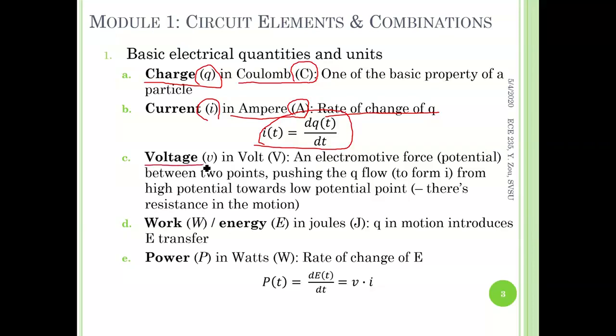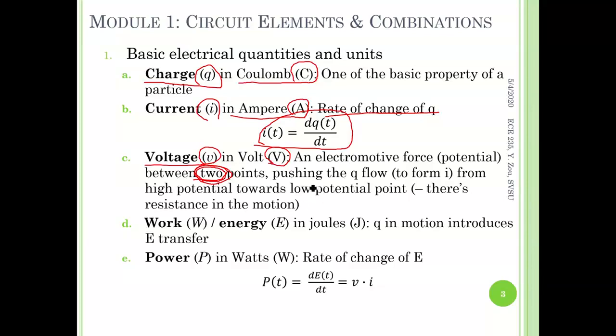The next is voltage, a very frequently used term. V as the voltage in units of volt, capital V. The voltage is an electromotive force, or say potential, between 2 points. Here, you need to keep a very strong understanding in your mind that voltage is always talking about 2 points, the potential difference between 2 points rather than 1 point.